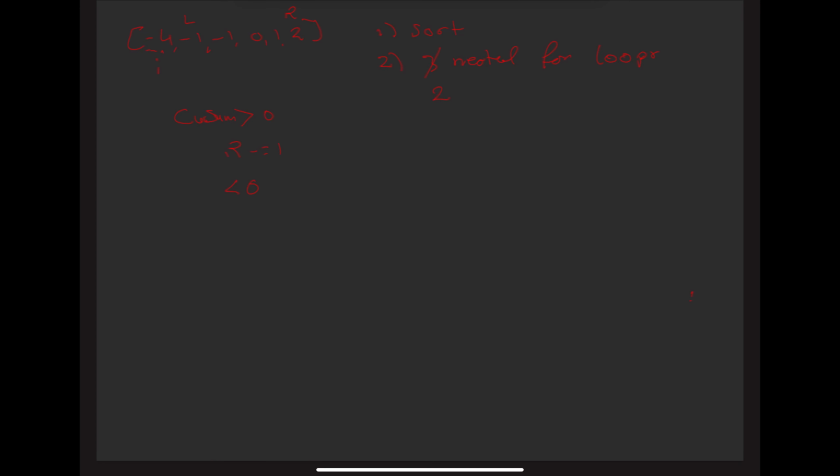And current sum is going to be nums of I plus nums of L plus nums of R. And if that current sum is actually less than 0, then we would tell the left pointer to decrement by 1.